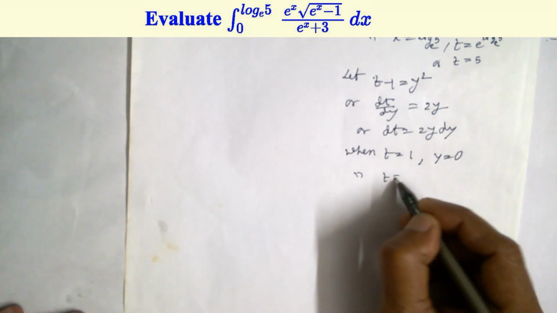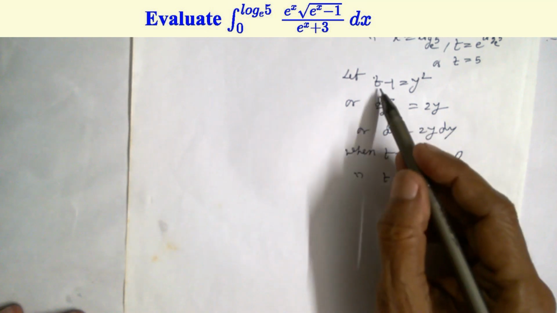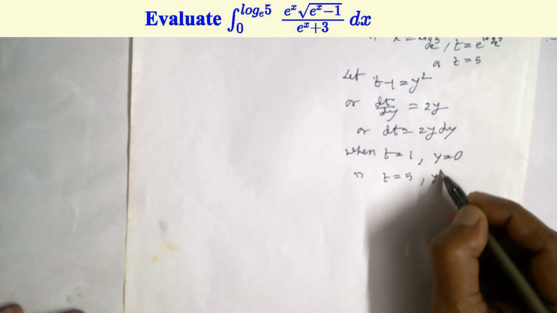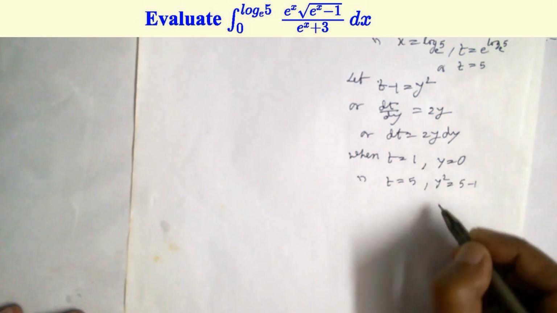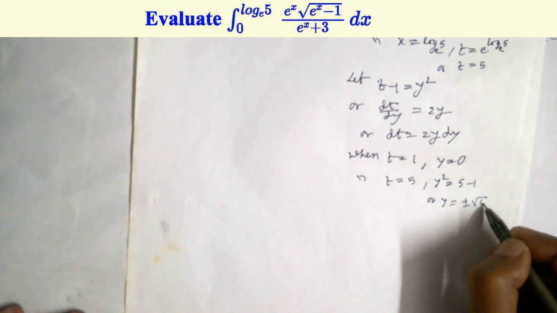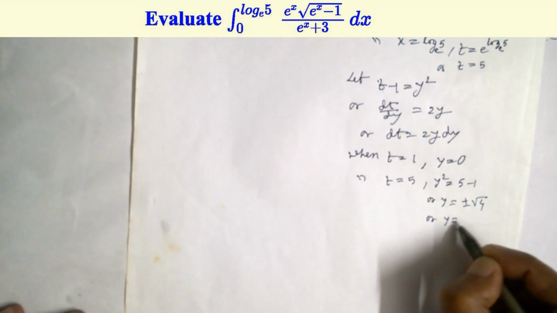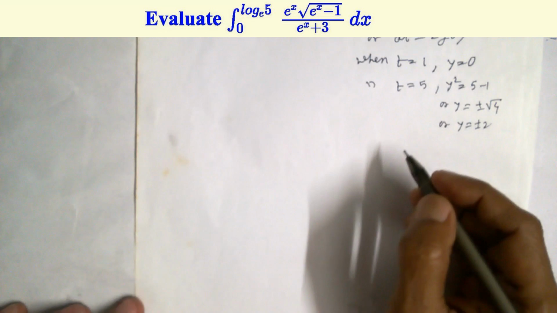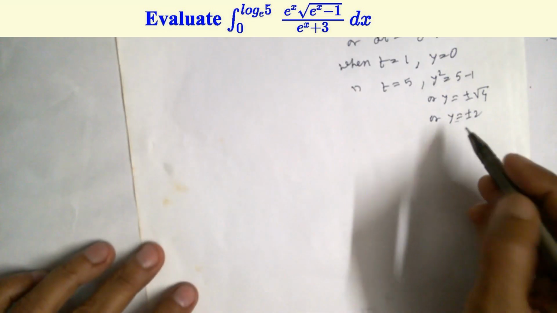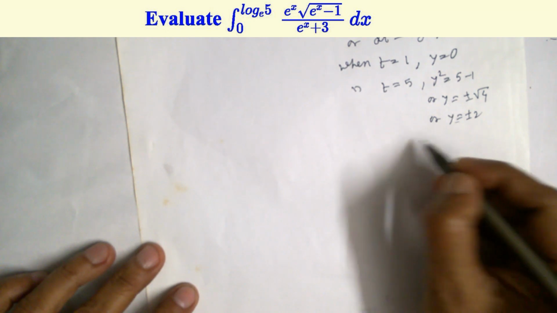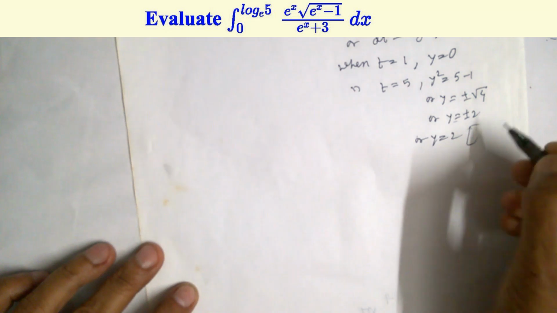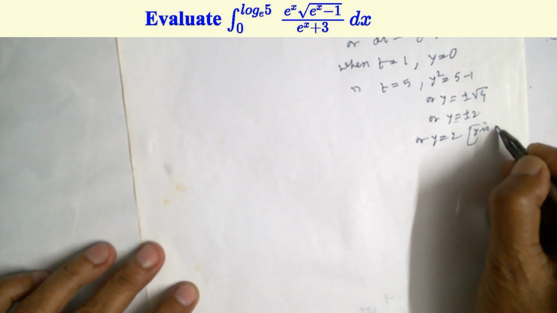When t is equal to 5, 5 minus 1 is 4, y square is equal to 4, or y is equal to plus minus 2. Considering the positive value, y is equal to 2, y is taken as positive.